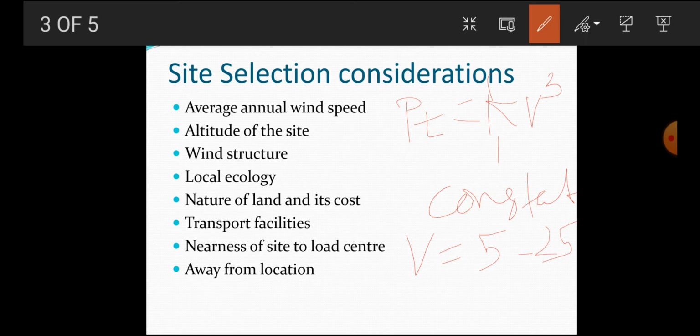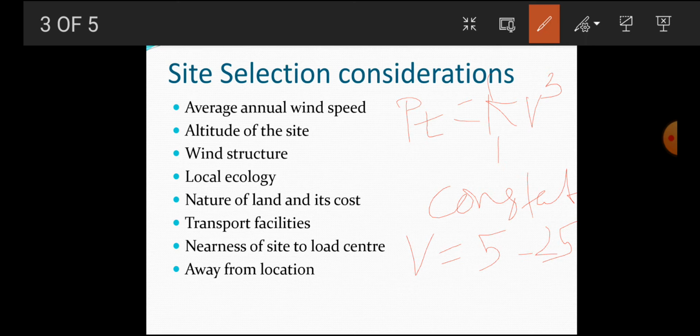Then, as buildings and forests offer resistance to the air movement, wind farms are located away from cities and forests, so a flat open area should be selected. Generally open area means banks of rivers or oceans, where there is no resistance to the air.